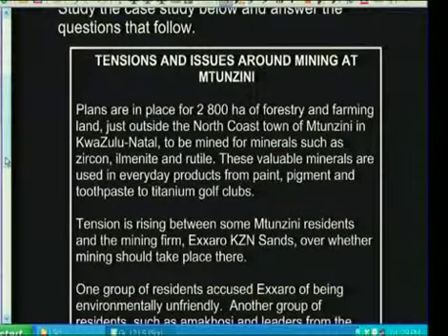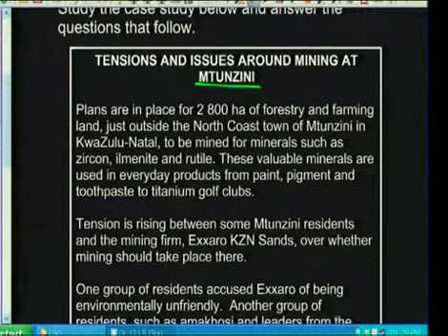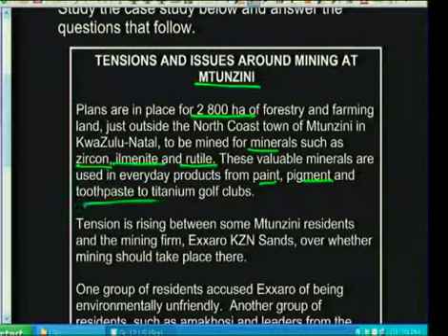Tensions and issues around mining at Mtunzini. Plans are in place for 2,800 hectares of forestry and farming land just outside the north coast town of Mtunzini in KwaZulu-Natal to be mined for minerals such as zircon, ilmenite, and rutile. These valuable minerals are used in everyday products from paint, pigment, toothpaste, titanium golf clubs.